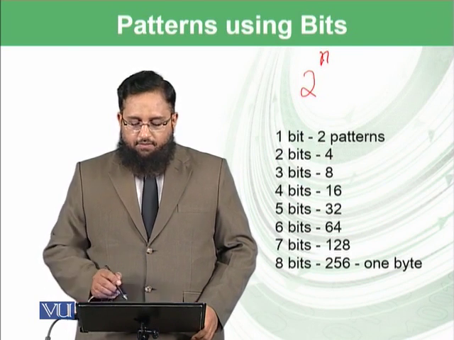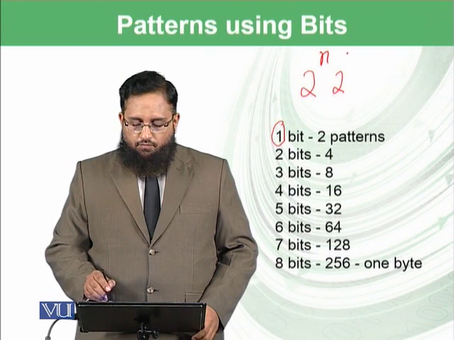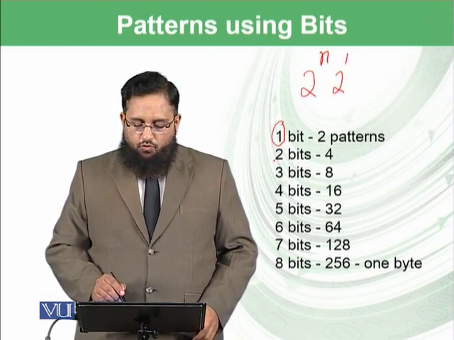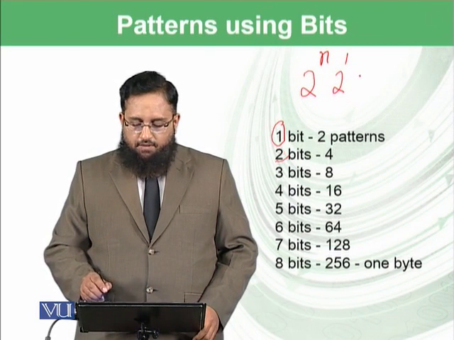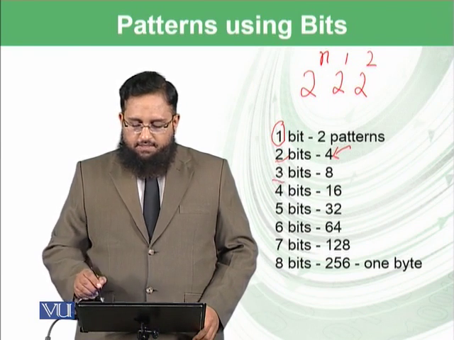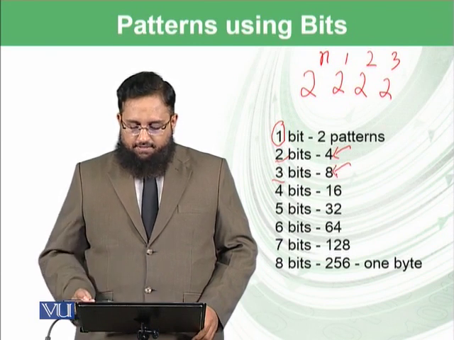For 1 bit, 2 raised to power 1 is 2 patterns. For 2 bits, 2 raised to power 2 is 4 patterns. For 3 bits, 2 raised to power 3 is 8 patterns.